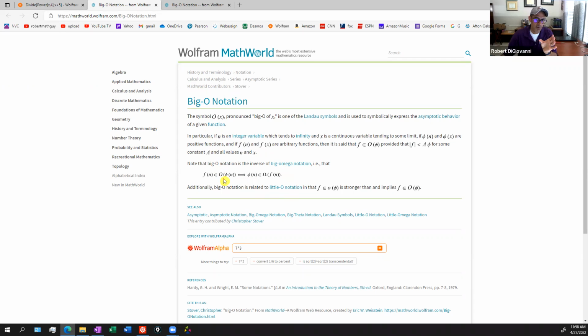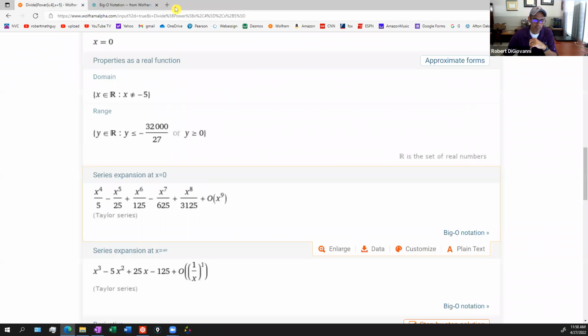Is that what you're referring to? Here, this Big O, they're just telling you that they're stopping at the ninth power. They're not including the ninth power and on. This series goes forever, right? Do you see where it says expansion at x equals 0? Do you remember when we were talking about where a series is centered?